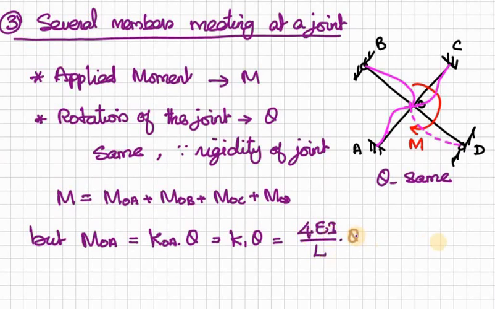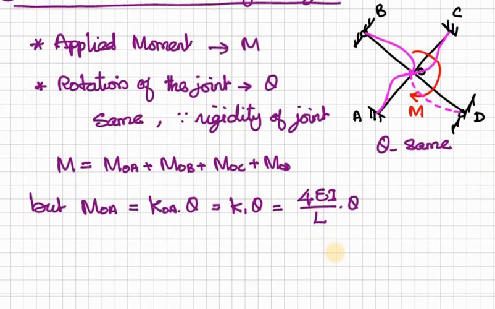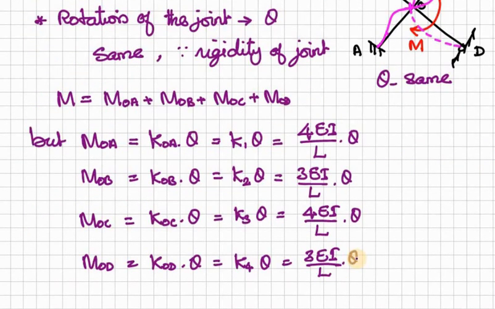Similarly, for the other member, MOB is equal to KOB into theta, equal to K2 theta, equal to, this is a hinge support, therefore 3EI by L into theta. So if the far ends are fixed, then we will have 4EI by L. If the far ends are hinged, then we will have 3EI by L.